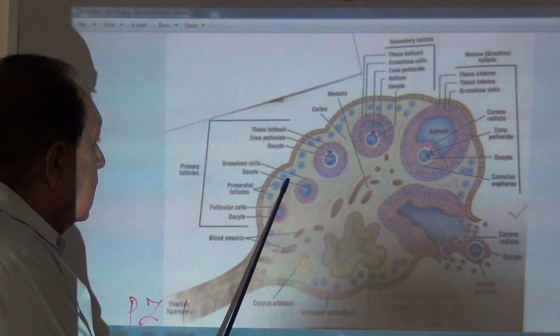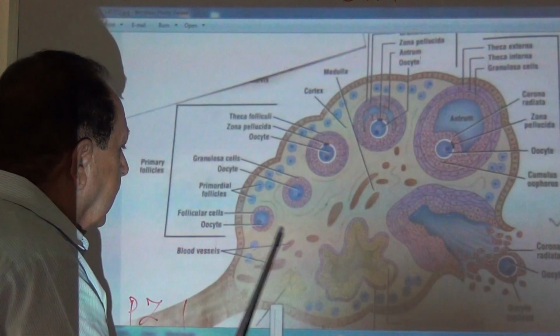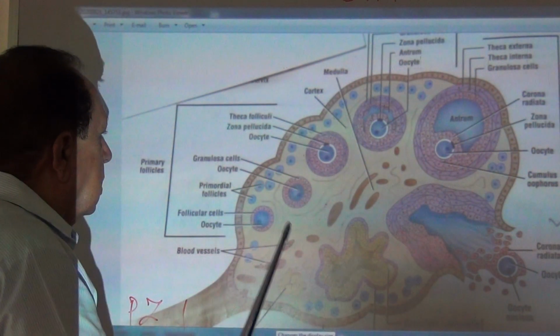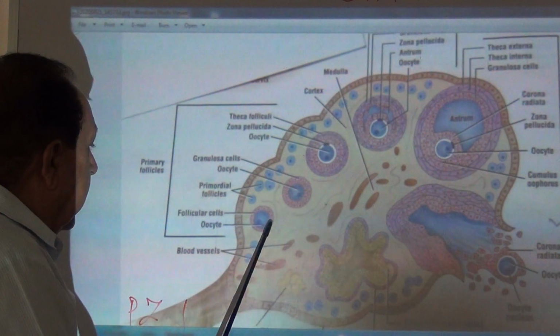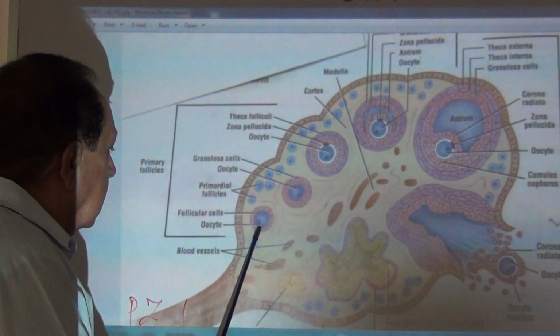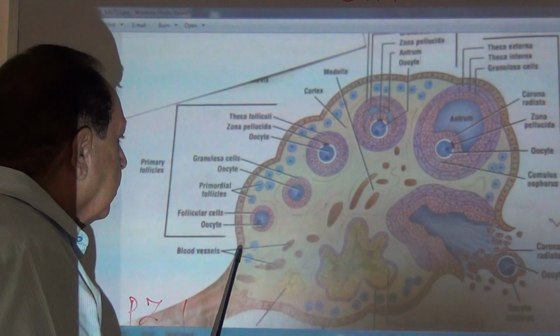Now, these are the primordial follicles along the periphery of the ovary, and this one is the primary follicle, an oocyte surrounded by a single layer of cuboidal cells.